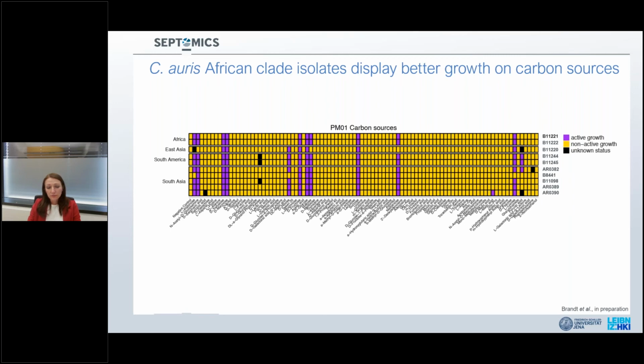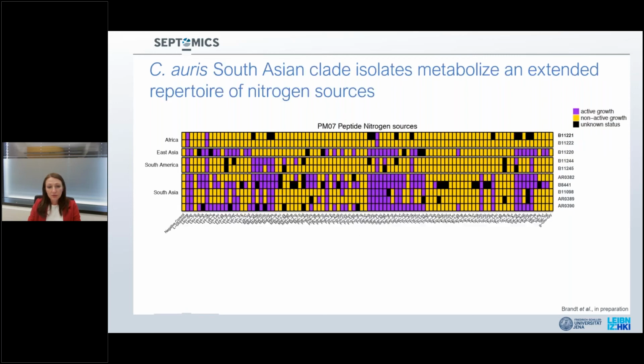This was an interesting observation, but another interesting observation is the variety of different peptide nitrogen sources. Here is just one example, but this was seen across the board with essentially all nitrogen sources, that, for example, the South Asian clade is exceptionally well fit to utilize a variety of different dipeptides, as well as more complex nitrogen sources and amino acids.